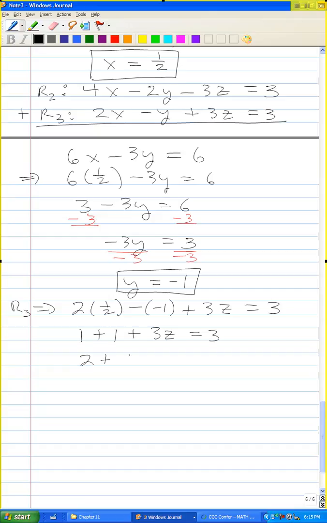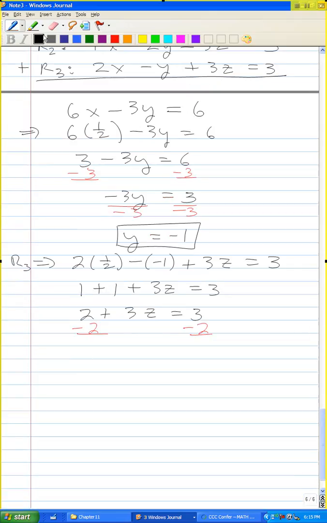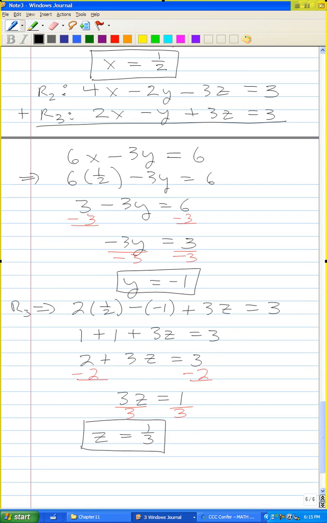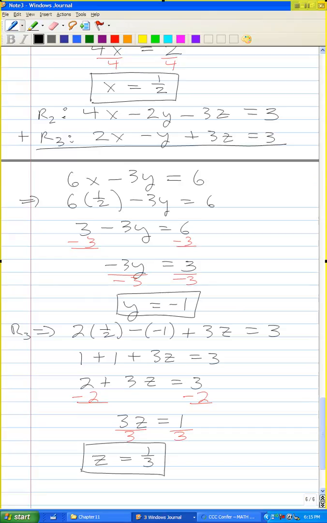So 2 plus 3z equals 3. Subtract 2 from both sides of your equation. And so I get 3z equals 1. Divide both sides of my equation by 3. And so z is equal to 1/3. So x equals 1/2, y equals negative 1, z equals 1/3. Okay.